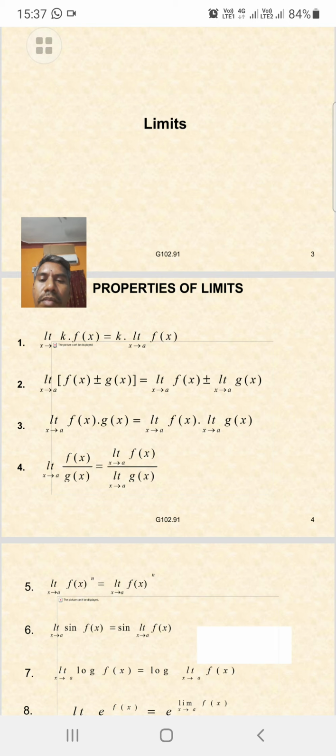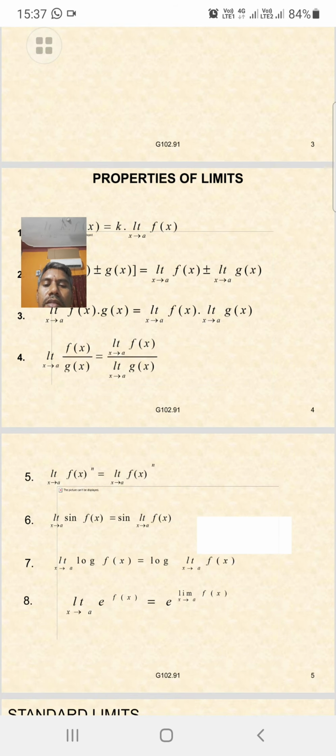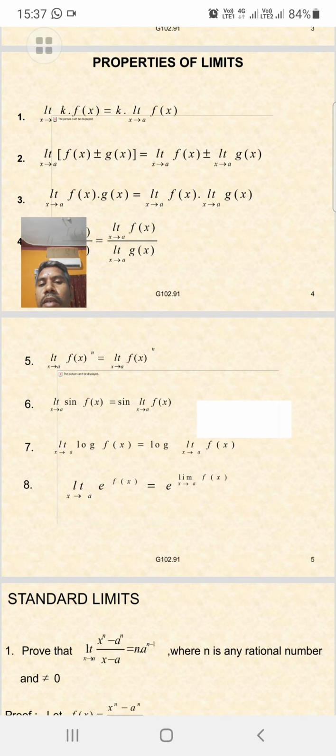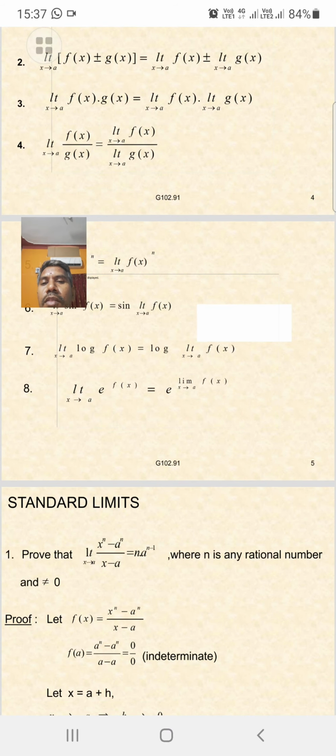We can now also easily remember these properties. So here 8 properties are given. These properties can be used for finding the value of the limit of the given function.